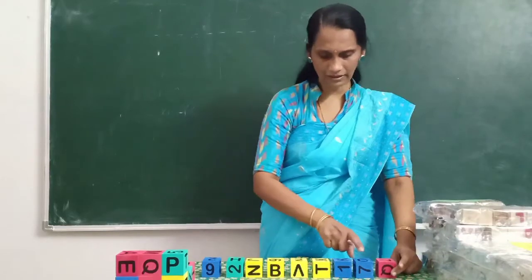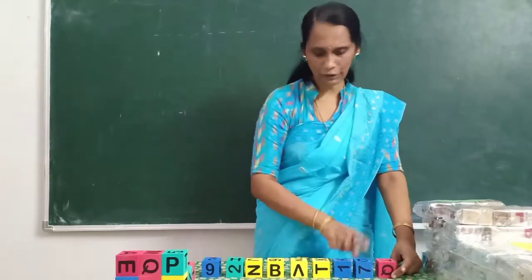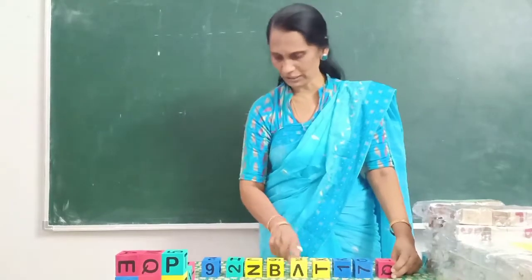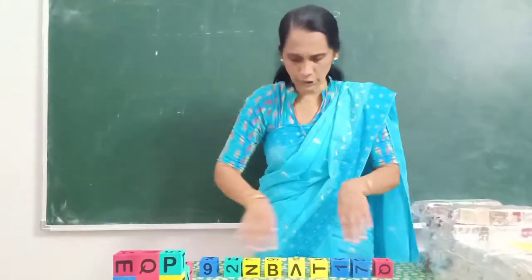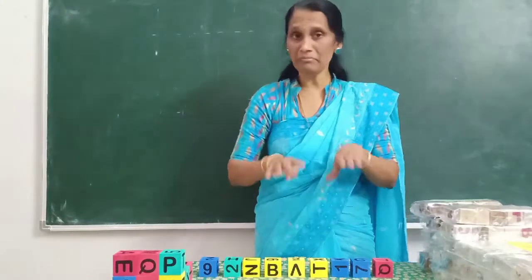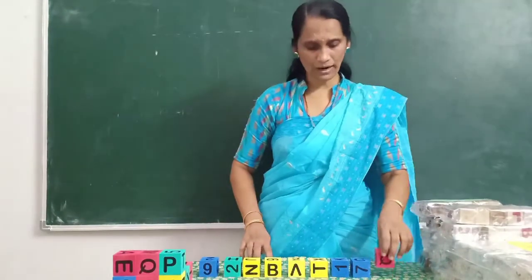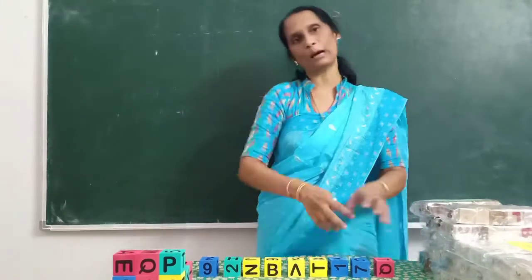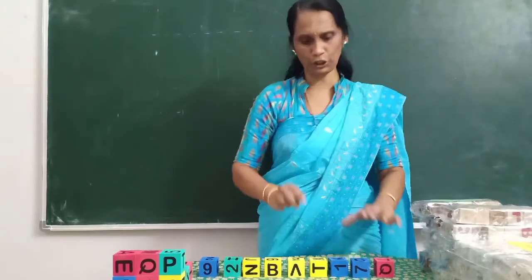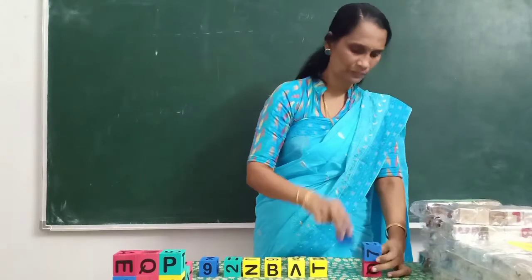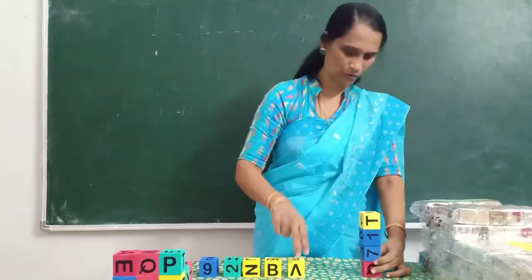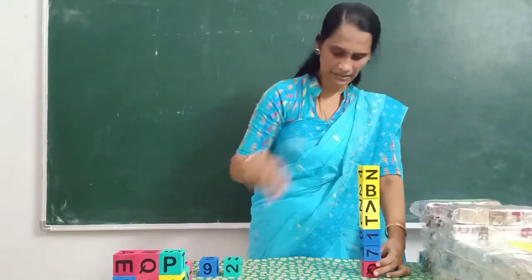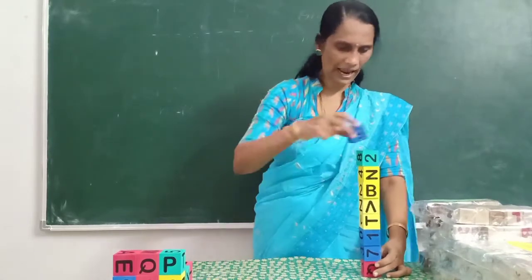Each cube represents 1. So 1 plus 1 plus 1, like that up to 9, it will become 9 cubes.